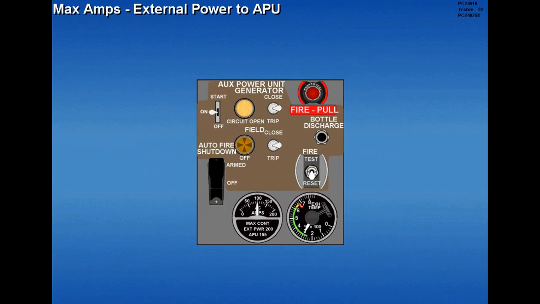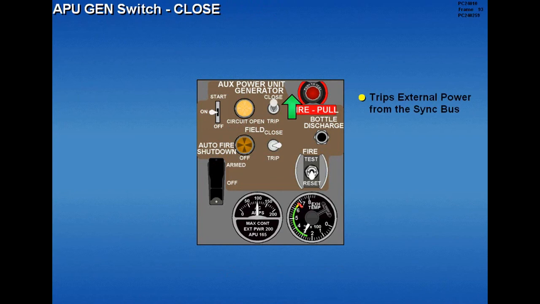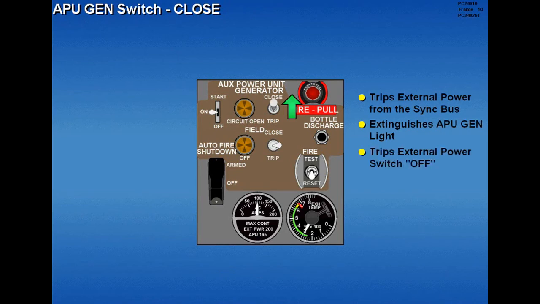With external power connected to the sync bus, prior to closing the APU generator breaker, the electrical load must be below 165 amps. Moving the APU generator switch to close trips external power from the sync bus, extinguishes the APU generator breaker light, trips the external power switch to off, and connects APU power to the sync bus.